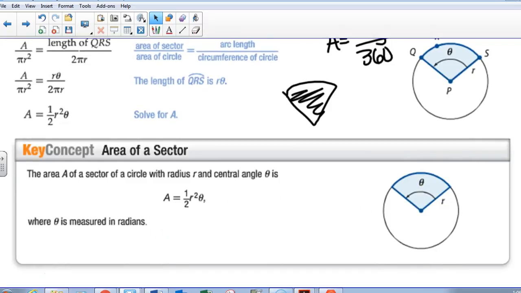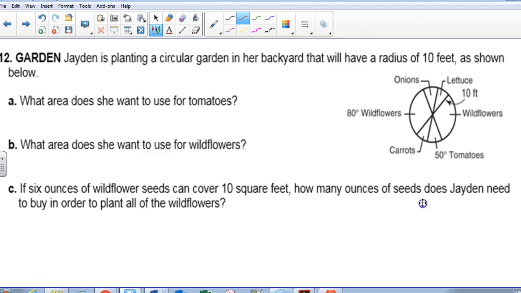The theta has to be in radians. And our answer is going to be in whatever units r was in, right? Our label, if r was inches, then our area will be in square inches. Sorry, I'm not making much sense here.